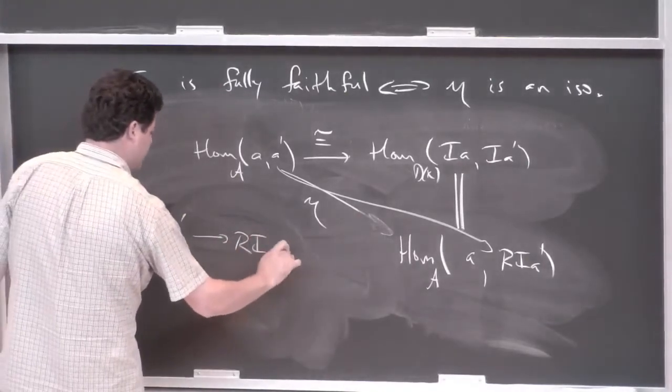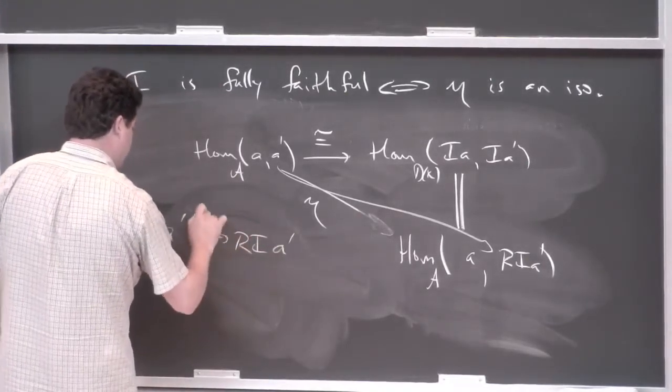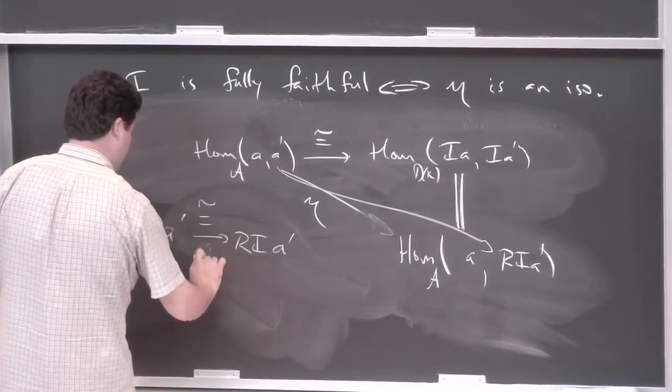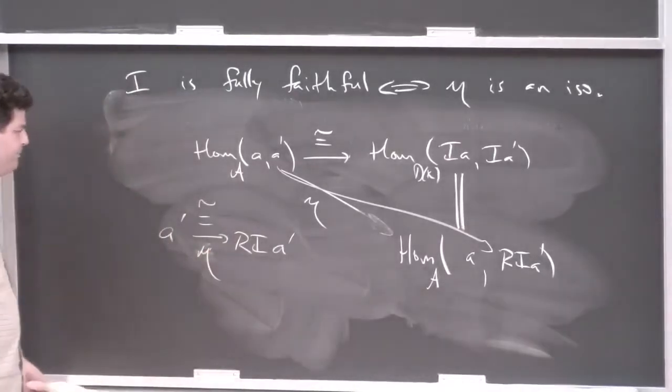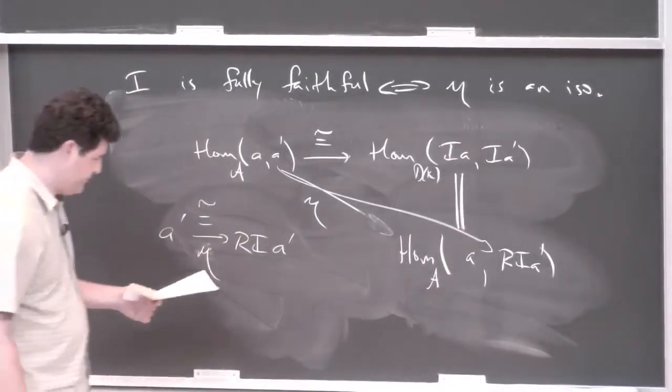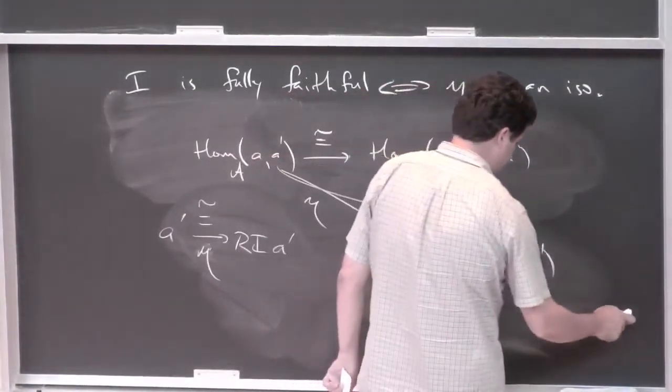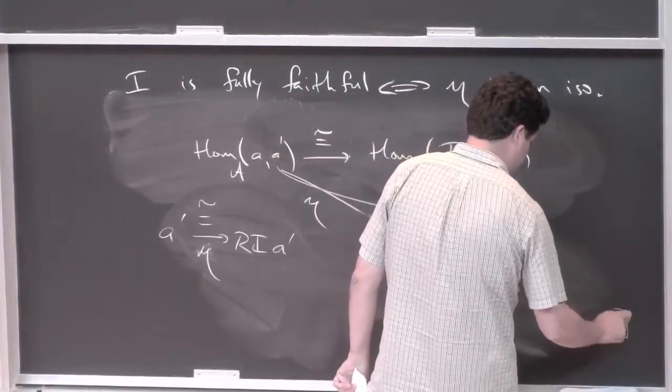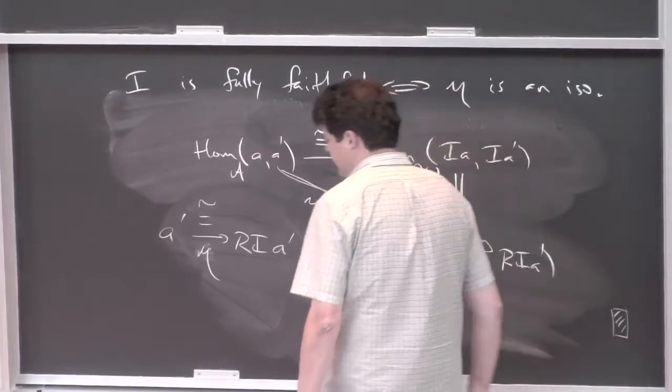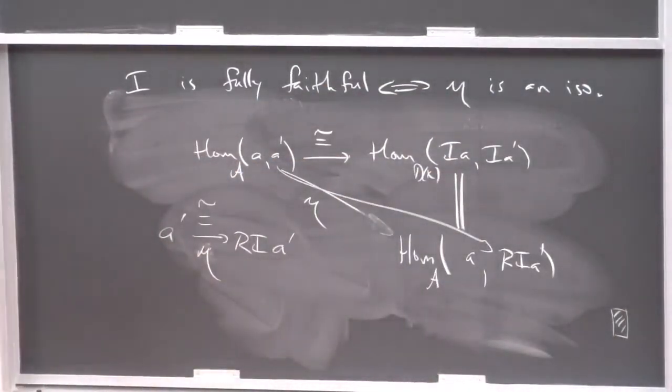So it says that this map is an isomorphism for all A prime. Like, yeah, even that's a very MacLane kind of fact, right? That your functor is fully faithful if and only if the unit of the adjunction is an isomorphism.